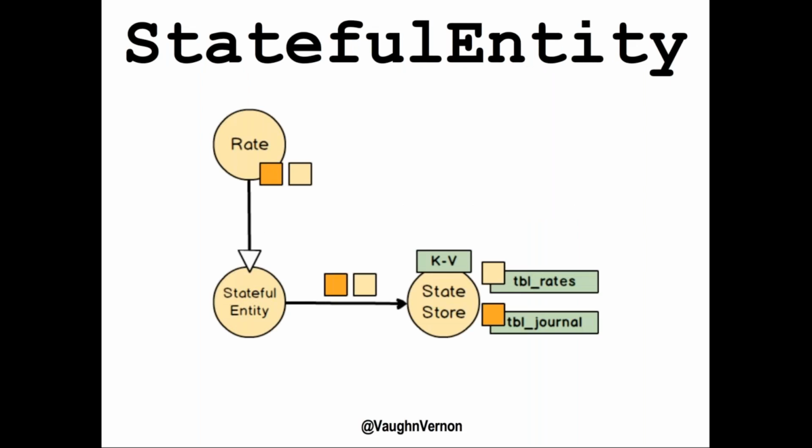Let's now look at the stateful entity and the state store. This is where a Rate, in this case, extends the abstract base type StatefulEntity. The stateful entity will store according to a key-value pair. That means that the business identity of the Rate, the global unique identity of the Rate, will be used as the key, and the serialized snapshot of the current state of the Rate is what will be persisted as the value.